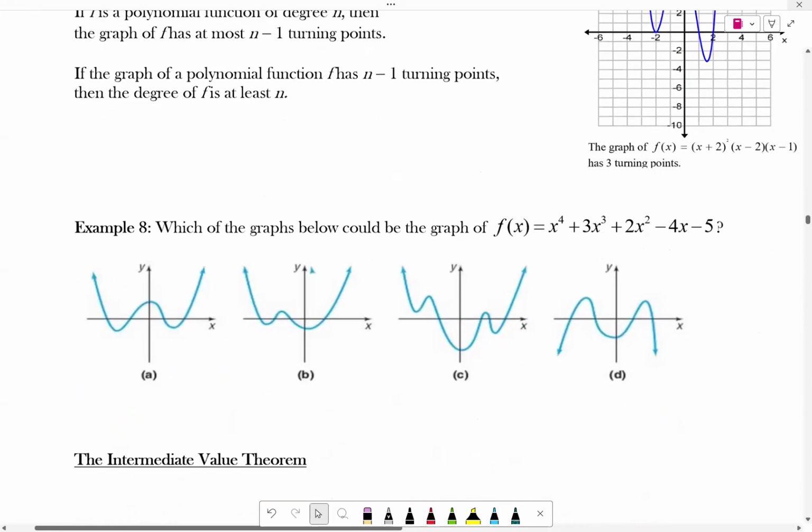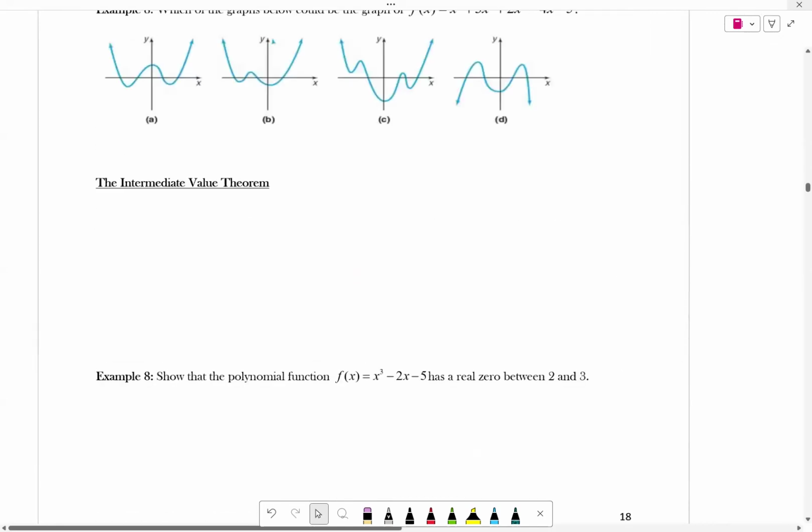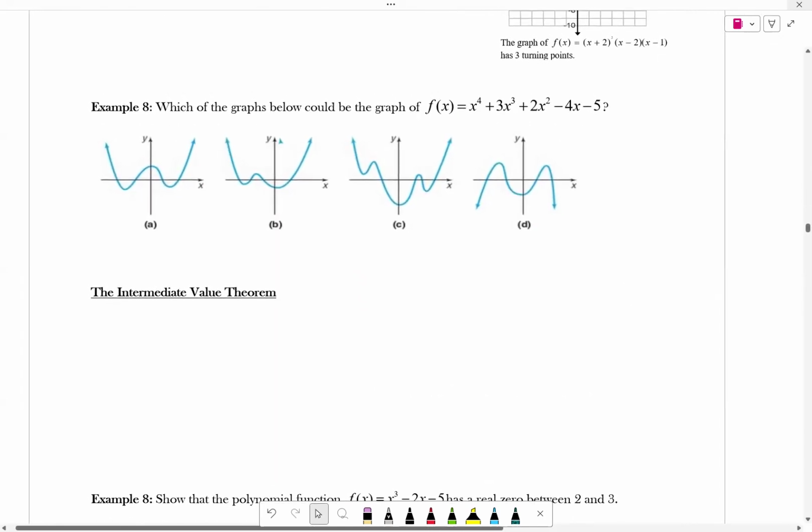Okay, so which of the graphs below could be a graph of this function? Go ahead and discuss what we talked about. Which one could it be?